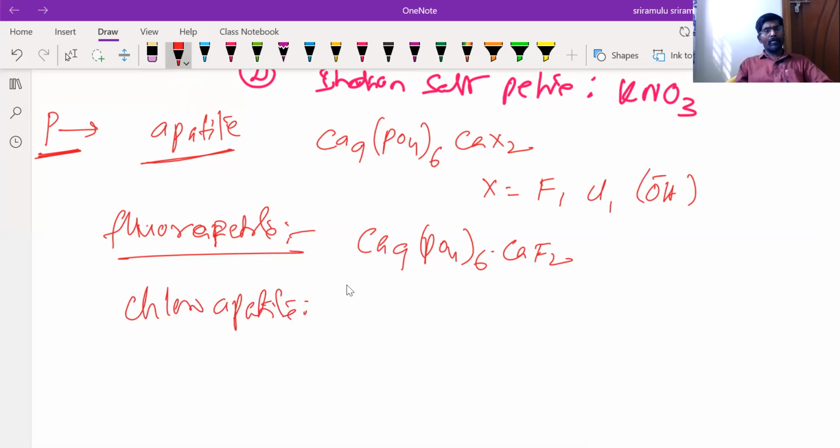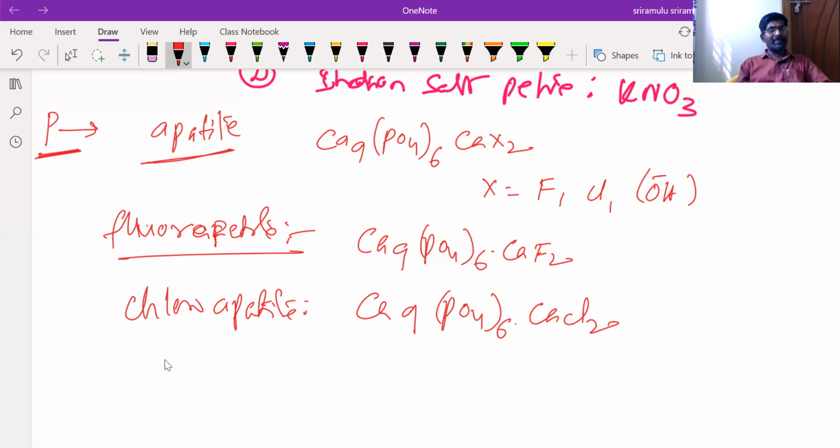Next is chloroapatite: calcium 9 atoms, phosphorus 6 atoms, and CaCl2. So this is the chloroapatite family.